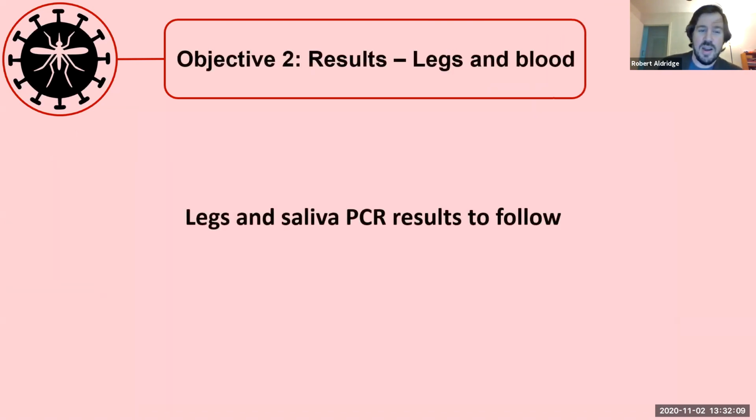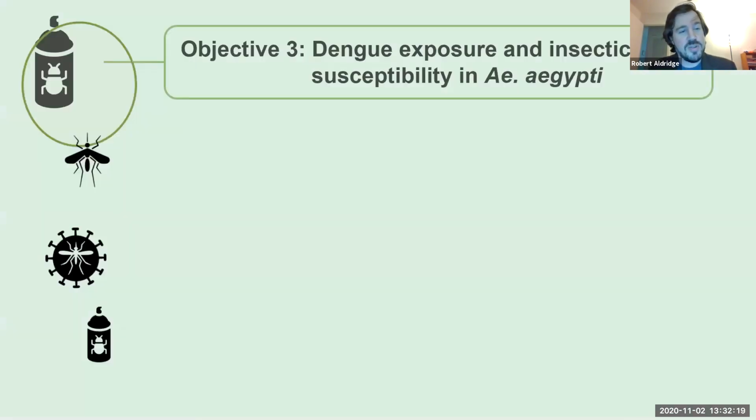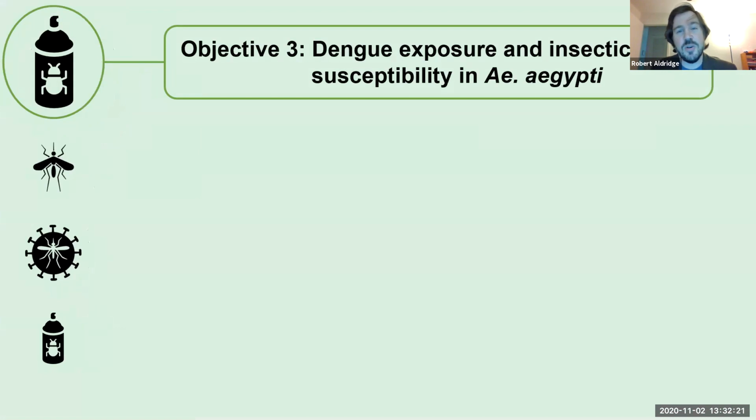Moving on, I will be looking at the legs and saliva once I'm able to get back down to FMEL and run some PCR. The final step in this analysis is going to be exposing adult mosquitoes once we're able to generate an LC50 for adults, looking at after they've been exposed to a pesticide, if they are then more or less sensitive to a pathogen, right?